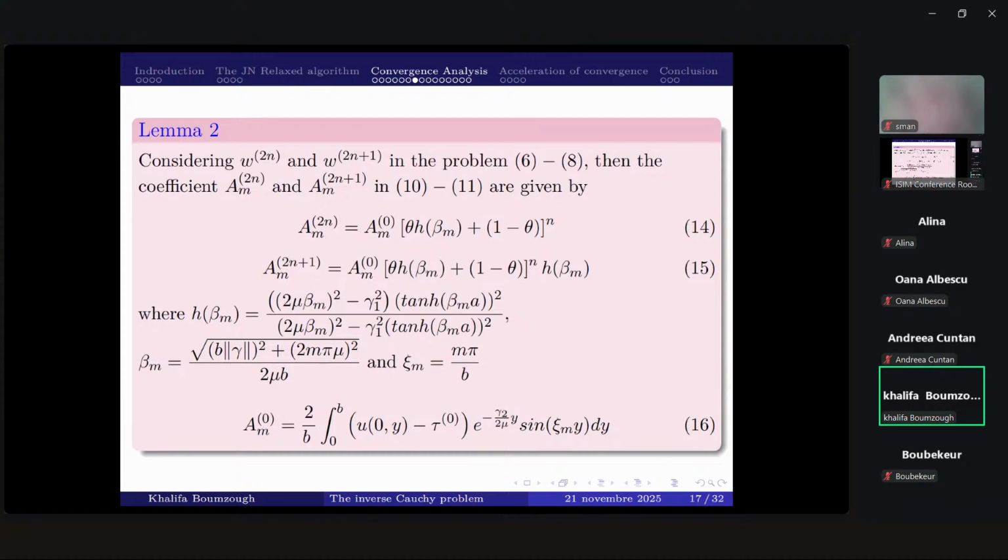Then the coefficients A2n and E2n+1 in equations 10 and 11 are given dependent on E0, where A0 equals this formula.